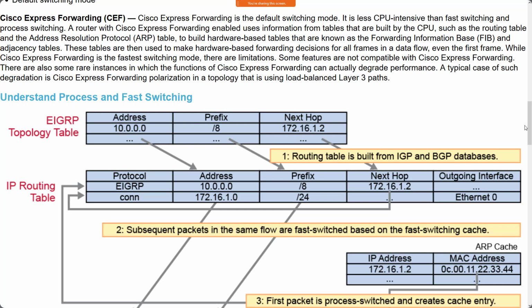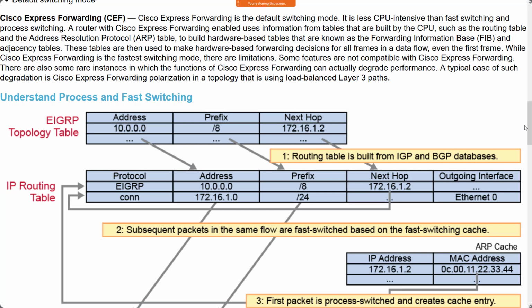Where you're trying to get to, and how you get there, which is broken up into two parts: the exit interface that you go out of, and the next hop address, which would include the layer 3 and the layer 2 address, if it happens to be a broadcast type of network. So we're going to take that information that's normally built by the CPU, and we're going to build out our hardware-based tables called the forwarding information base and the adjacency table. Those tables then are going to be used to make any of our subsequent forwarding decisions, even for the very first frame that comes through the device.